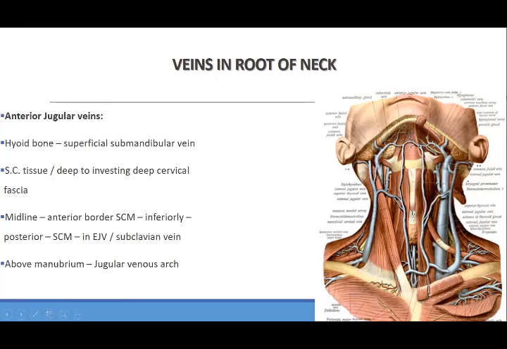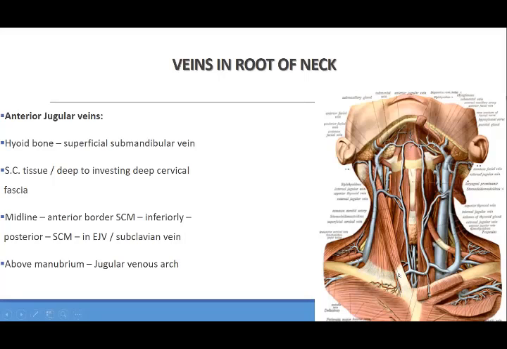Now, please note it is close to the midline. This is the midline, so it is running on either side of the midline, but it is running medial to the anterior border of the sternomastoid. At the lower part of the neck, the anterior jugular veins on either side run past behind the sternomastoid.